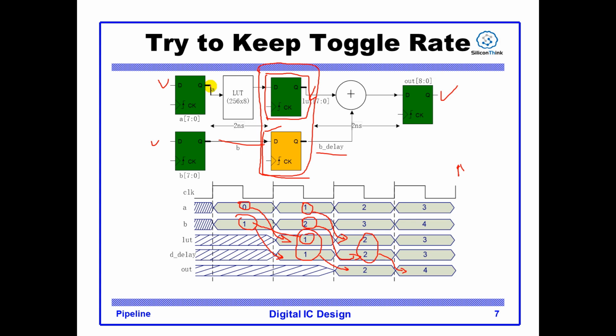For this example, from the value A here, we will have 1 stage pipe, then 2 stages to the output. And for B, for all the inputs, you will have the same pipe latency.